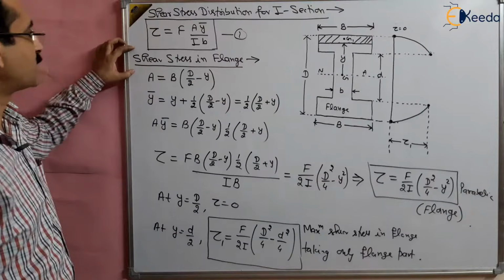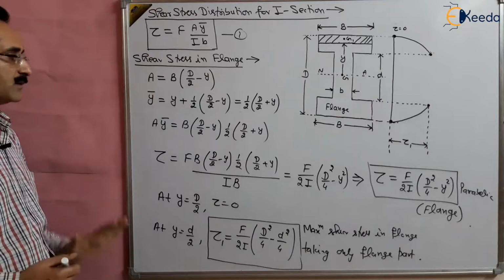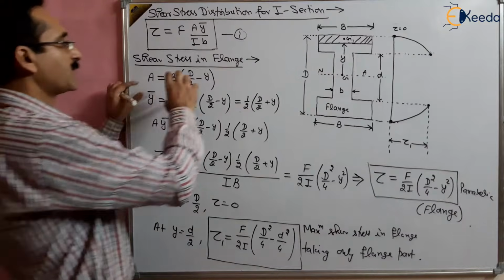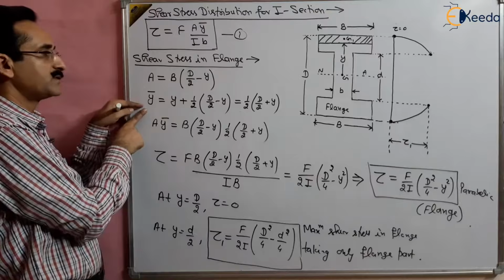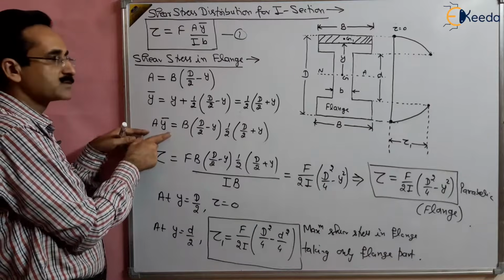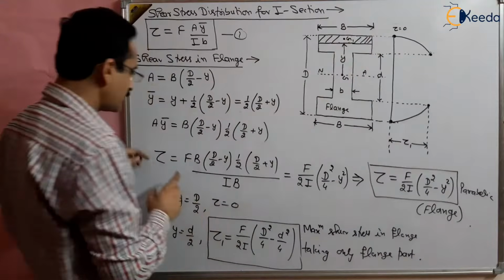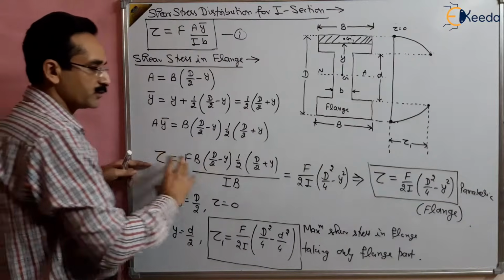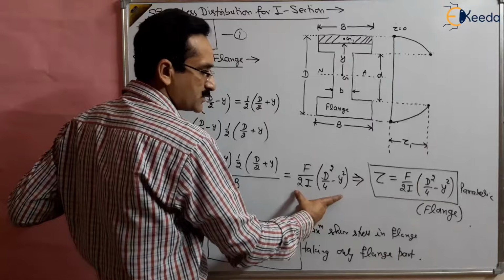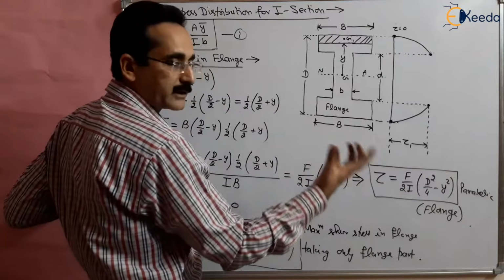So this was the first part, shear stress in the flange. We first took the strip in the flange, the area of this strip, the y bar of this strip, the A y bar moment of this small strip, and then the shear stress using the formula F A y bar by I B. Using this formula, the shear stress distribution is parabolic, like it was in the rectangular section.